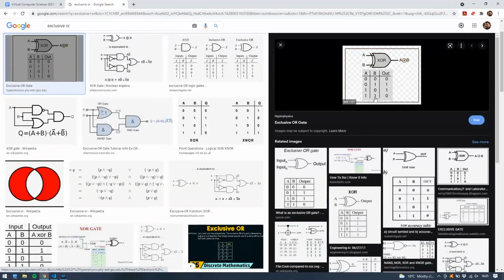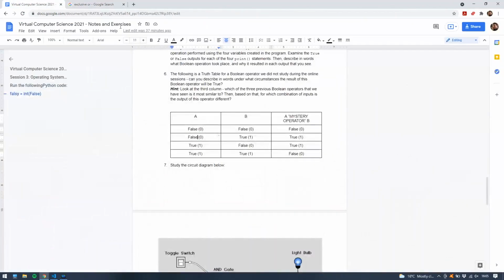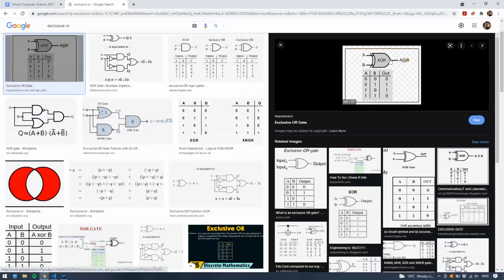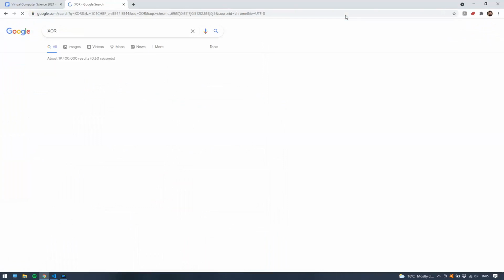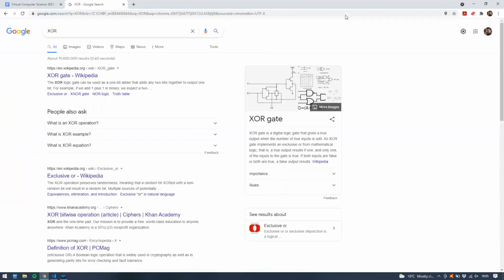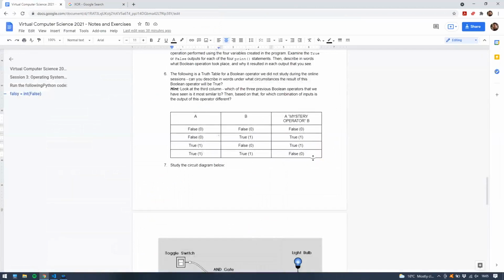But 1 exclusive OR 1 is 0. So that is the mystery truth table. And we shorten exclusive OR to XOR. And there's even a Boolean circuit gate for it as well that we didn't look at. So there we go. This is exclusive OR.